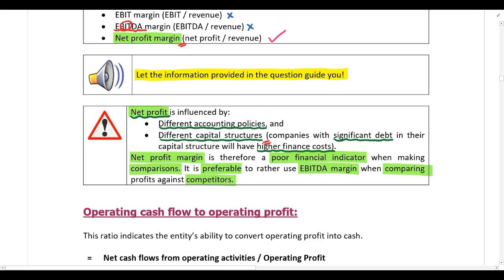And if it's before depreciation and amortization, then things like differences in accounting policies will also be eliminated. So if companies have different accounting policies when it comes to depreciating their assets, obviously if you are using earnings before depreciation, then that difference is eliminated. So it's preferable to rather use the EBITDA margin in your calculations instead of the net profit margin. If you do calculate the net profit margin, just remember to state this limitation over here.